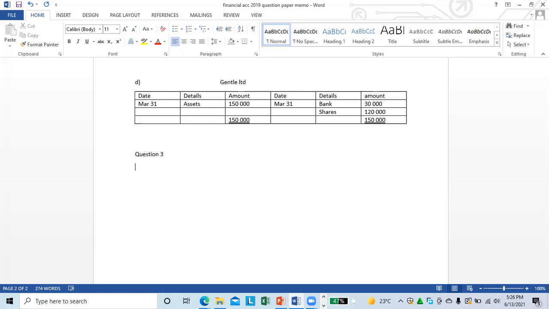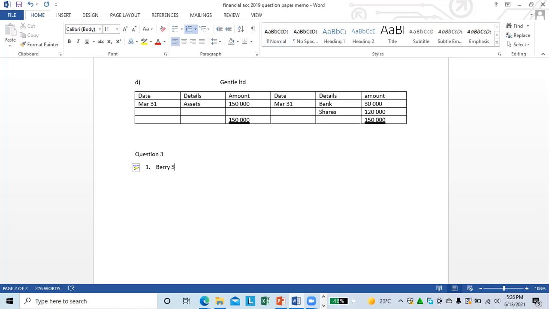So number one, you are required to calculate your new members' interest. This transaction is just between Barry and Rita.